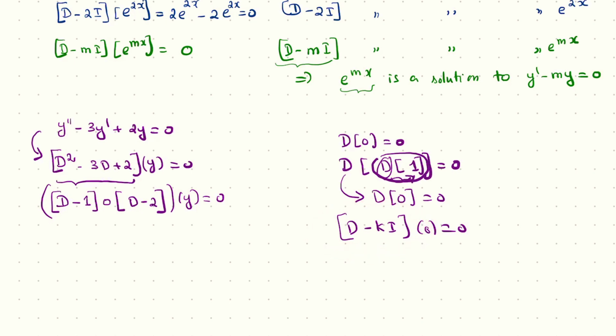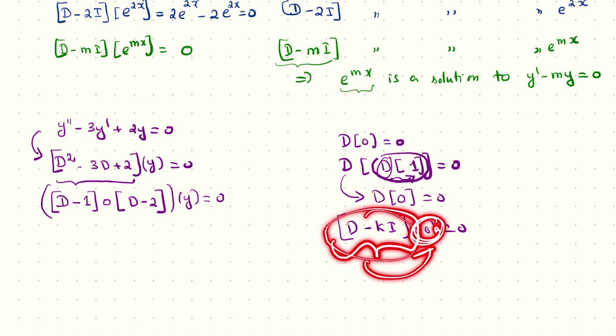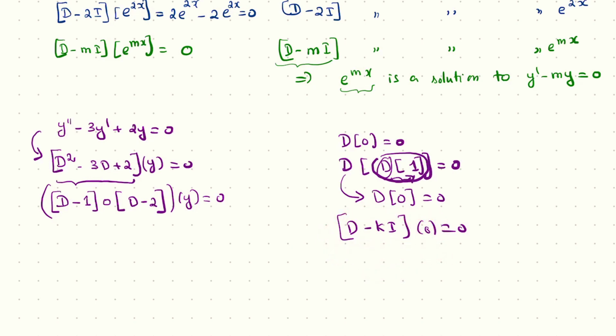If you have an operator that made something 0, any operator that you apply afterwards is going to keep it 0. So if something is annihilated by this, and you operate further on it, it's going to be 0. By the same token, if something annihilates this, it is going to be annihilated by this also.